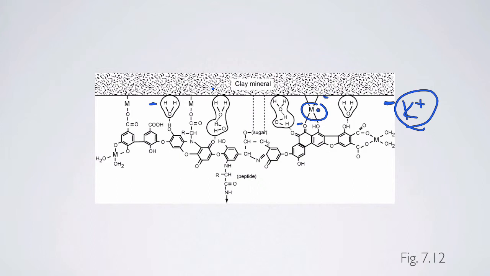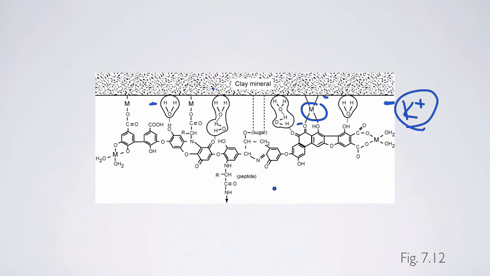So you have a negative charge in the clay mineral, a positive charge with your cation, and that's attracted to the slight negative charge on oxygens. So both through negative and positive charges in soil organic matter, you can either have a direct adsorption or some bridging associated with cations.